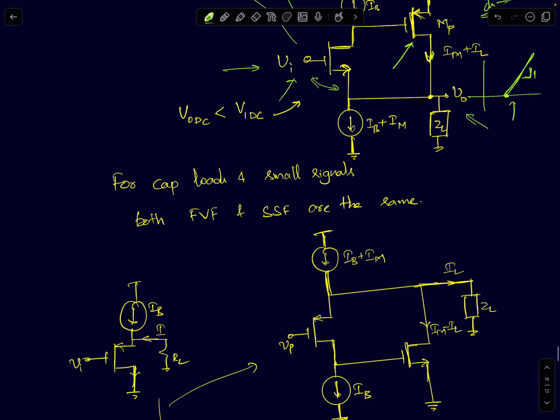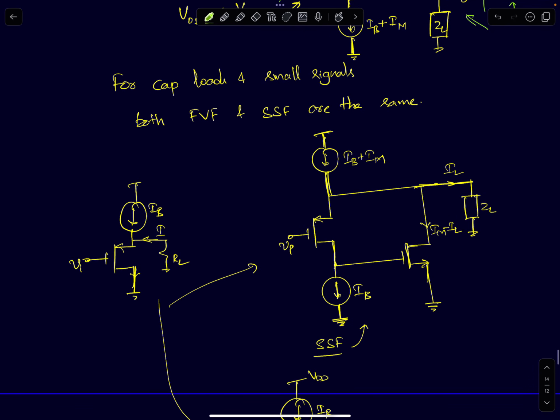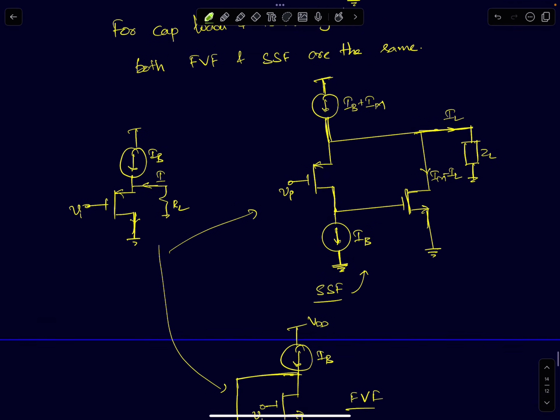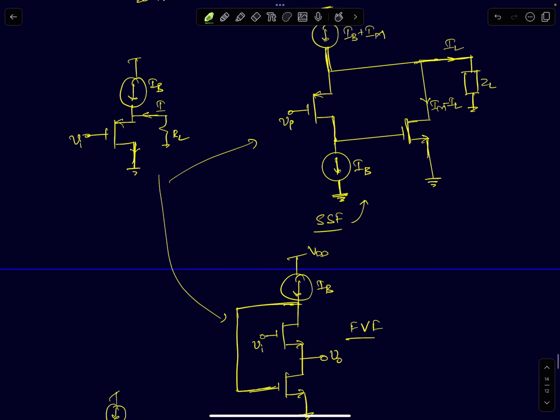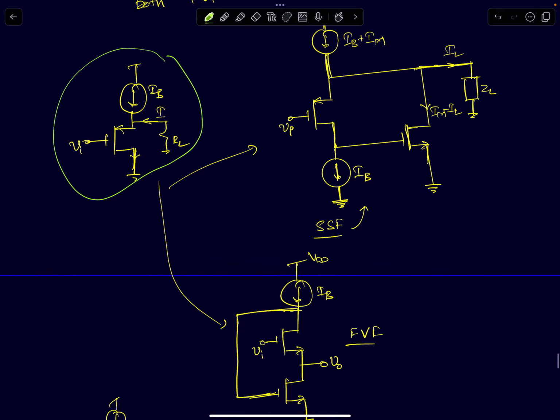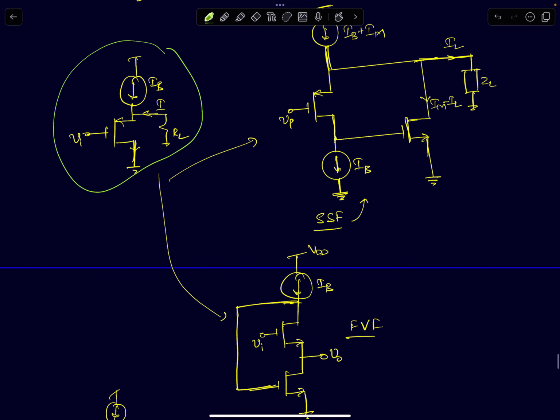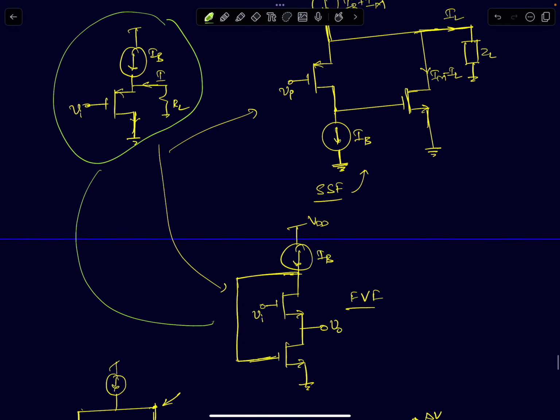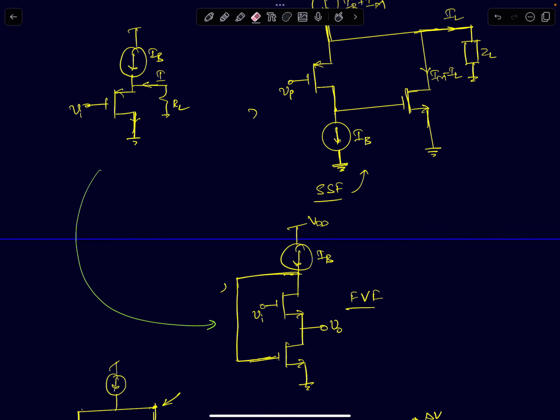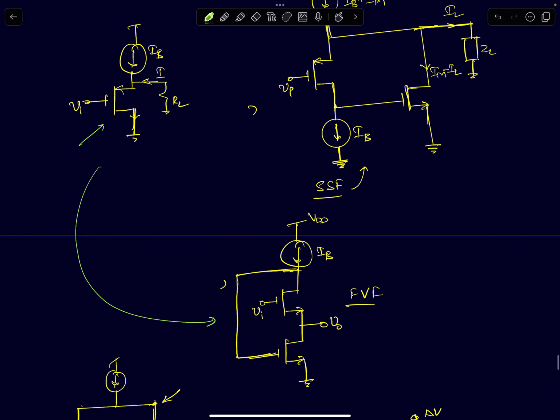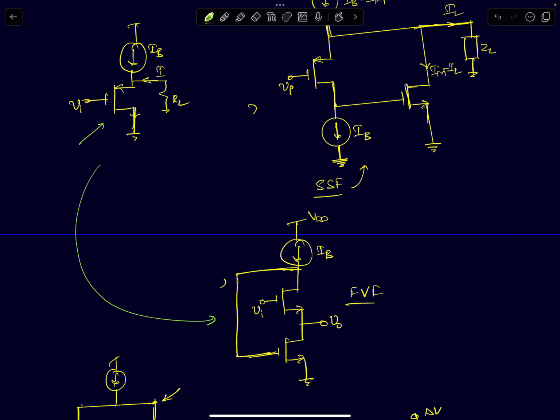I've shown here a flipped voltage follower and super source follower equivalents for an NMOS common drain amplifier. For a PMOS source follower, it will be based on the opposite devices, and it's very similar. If you have a load here, it is the lower device, the common source device, which is going to carry the load current.